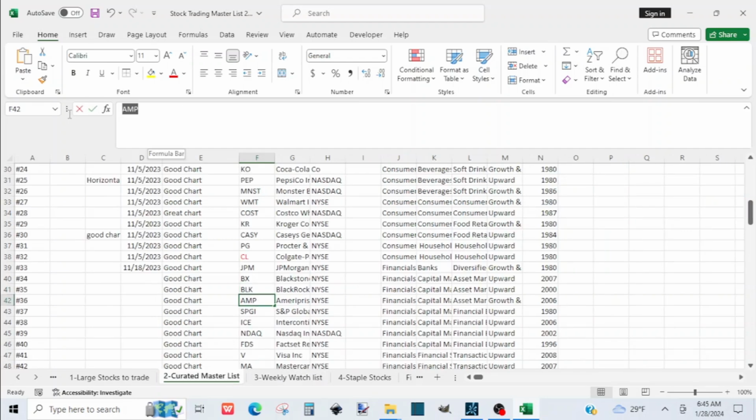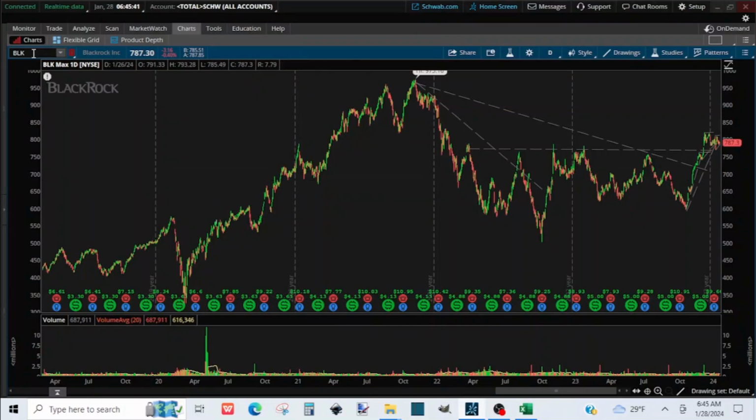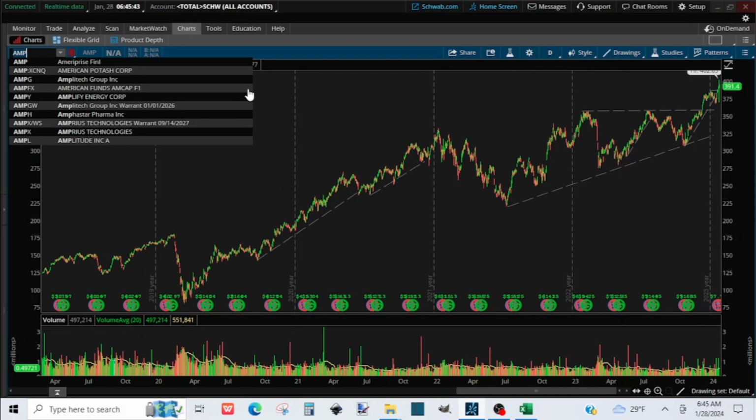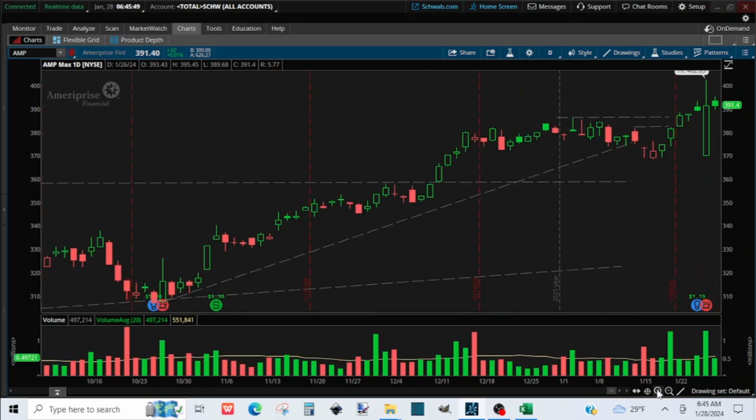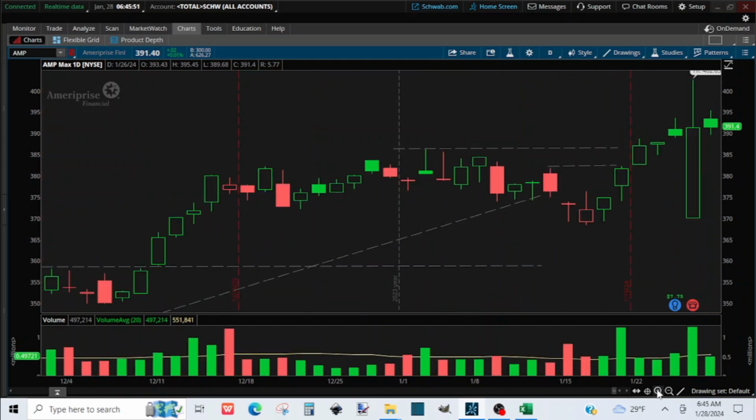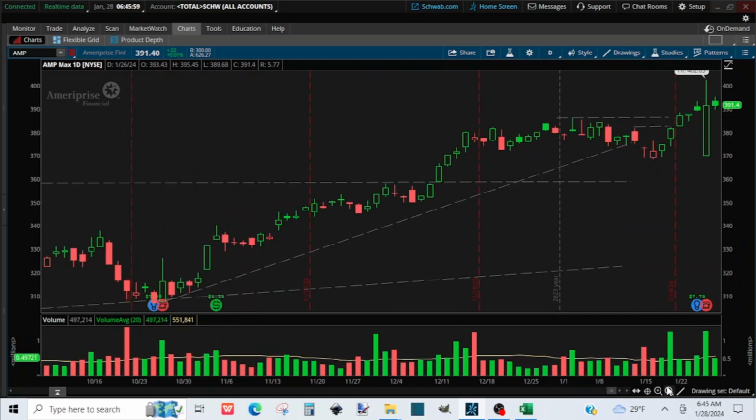The next one, AMP. So AMP had some earnings and really went up. But before that, it fell off of the existing trend.